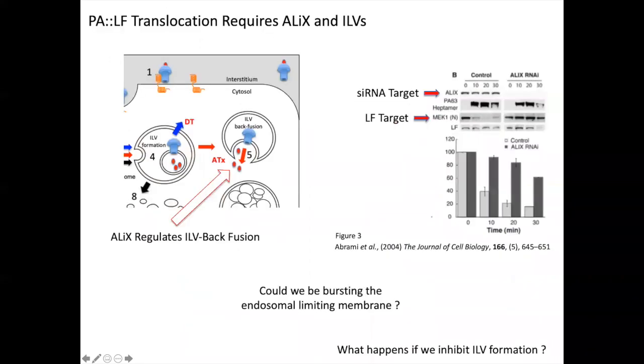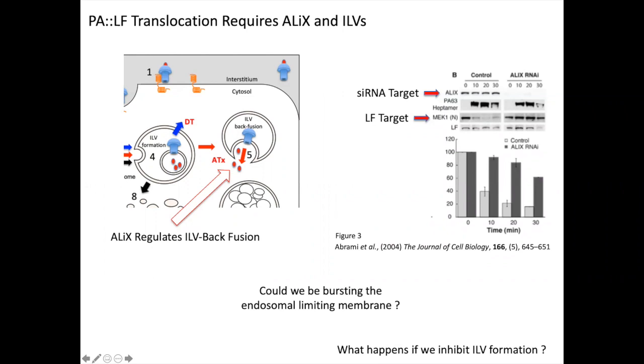So there was a paper published by Abrami in 2004 from van der Goot laboratory, where they used siRNA to downregulate a protein called ALIX. And ALIX is a very interesting protein because it regulates this back fusion of the airlock event, which has been characterized as releasing lethal factor and edema factor from anthrax toxin into the cytosol, facilitating the activity of lethal factor here, hydrolyzing MAP kinase.